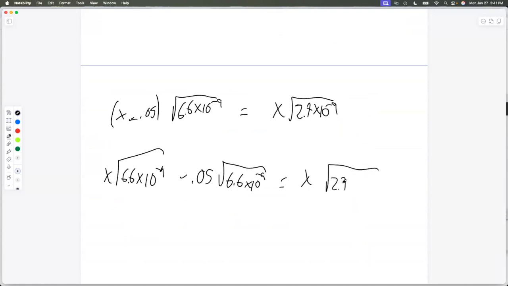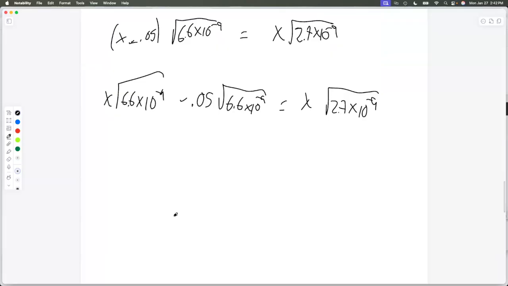I'm going to upload this document and attach it to the homework question. So I want to make sure all the details are correct here. Now we want to get all the x's on one side, all the constants on the other.